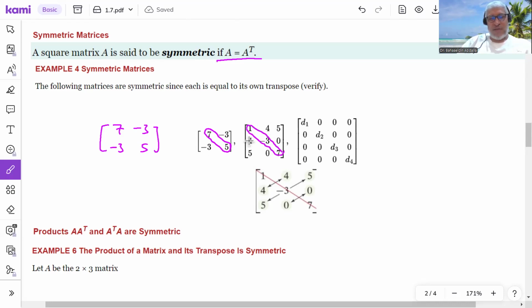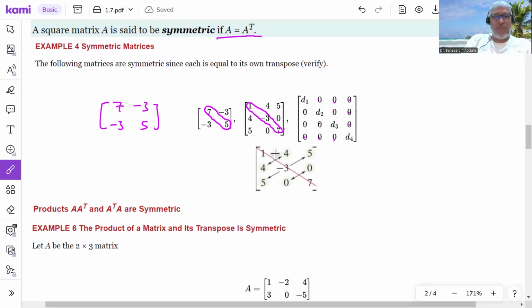You have 4 here, this should be 4, 5, 5, 0, 0. So this is what would happen if you have a symmetric matrix. Here also, forget about the main diagonal, 0, 0, 0. All of these entries should be the same. Then we call it a symmetric matrix.